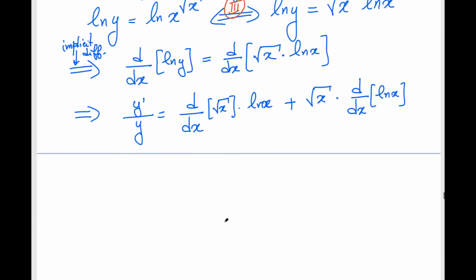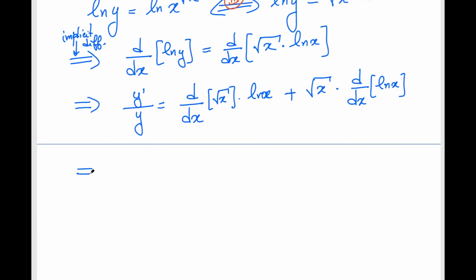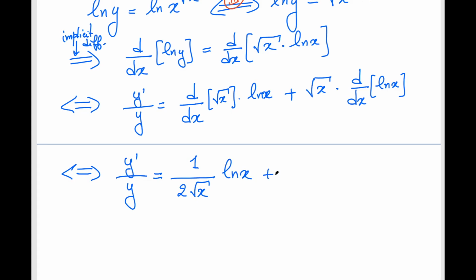Which means what? Y prime over y is equal to, what's the derivative of square root of x with respect to x? It's 1 over 2 square root of x, times ln of x, plus square root of x times this guy. And what's this guy?